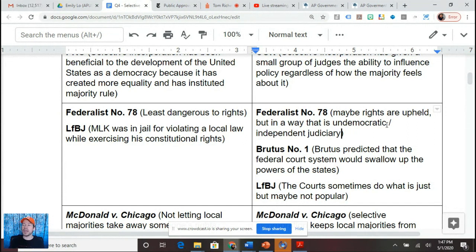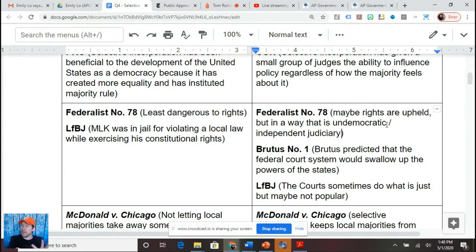And then we could see here that in a letter from Birmingham jail, the courts sometimes decide on what is right, because Martin Luther King's talking about what is right versus what is in the law. That there is really a higher law, that in the pursuit of justice, you can defy the law as long as you do so non-violently in a spirit of civil disobedience, is what he's saying.